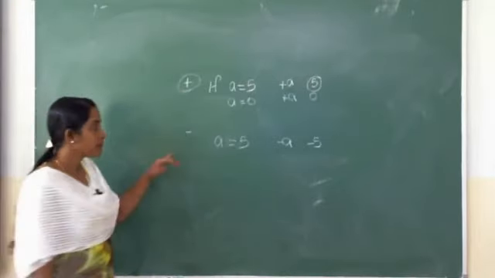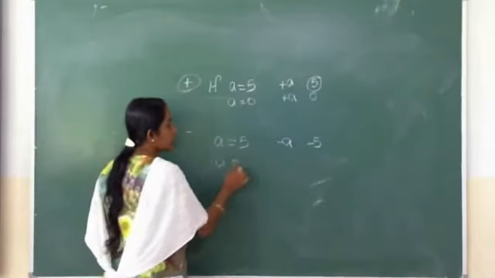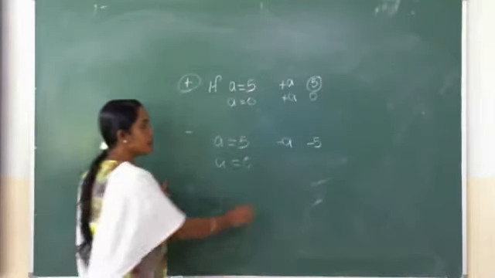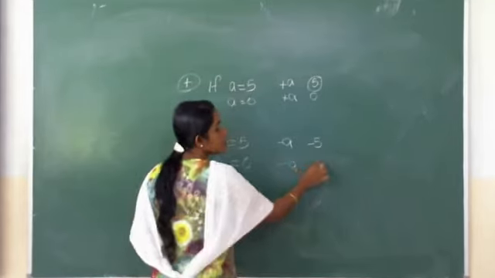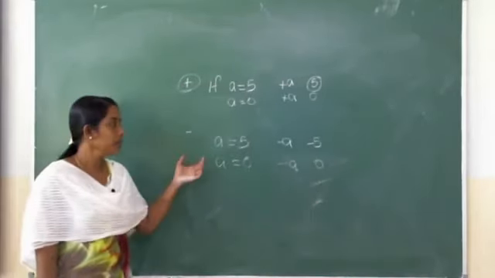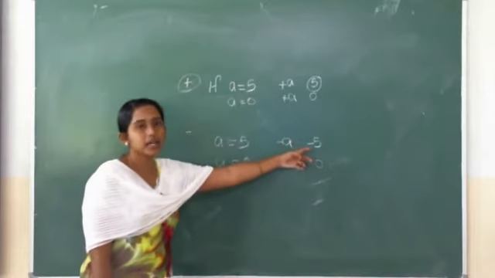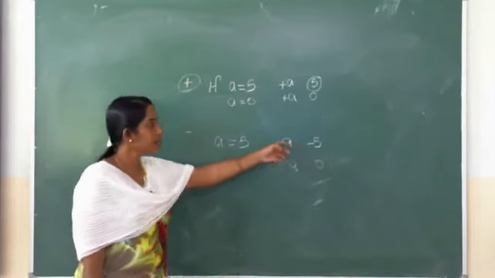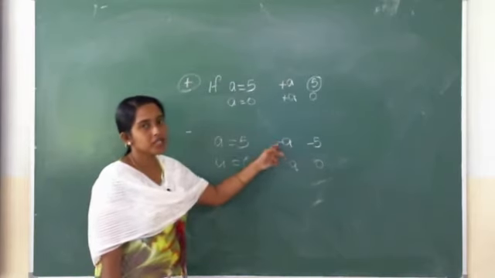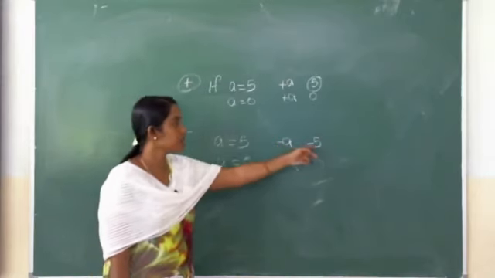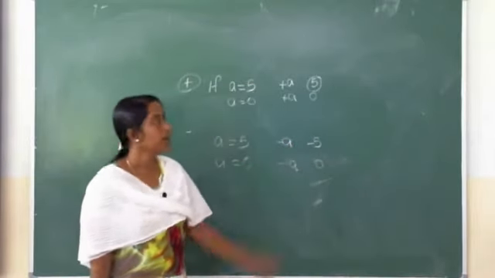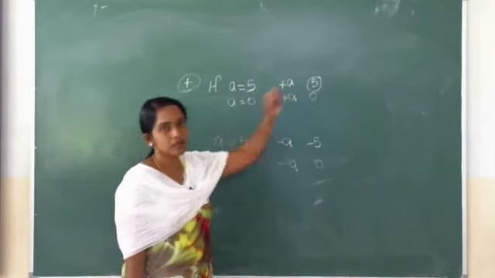And if a equal to 0 itself, there is no positive or negative, so if you mention minus a, it will be 0 itself. Clear? Hope you are clear on this. That is, when we give the minus symbol, the value will be treated as a negative number, and if it is positive, it stays positive.